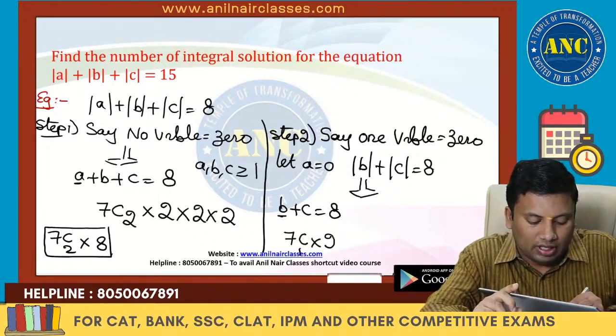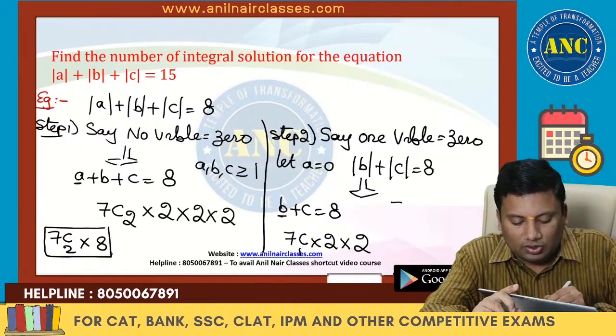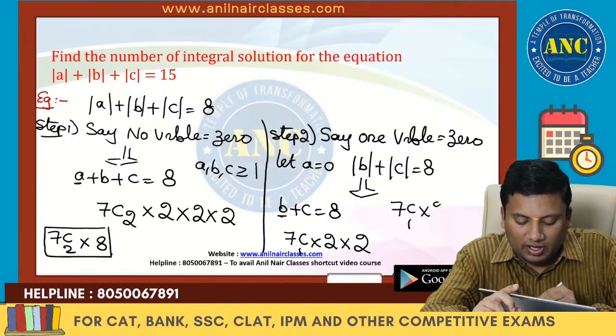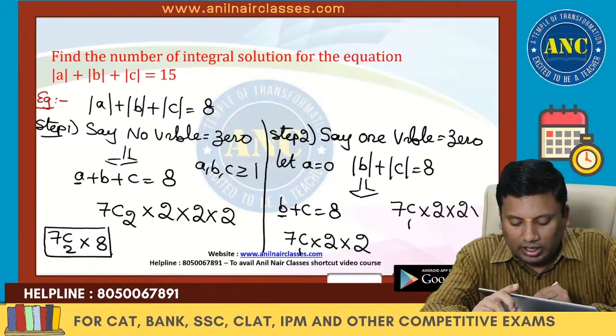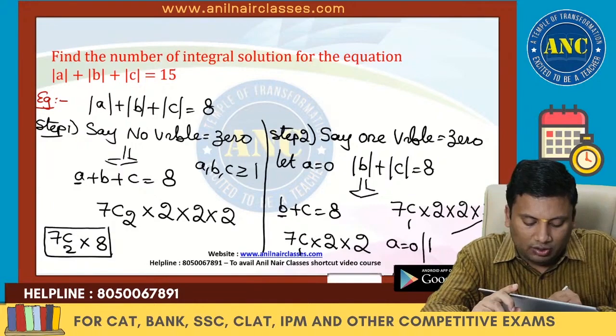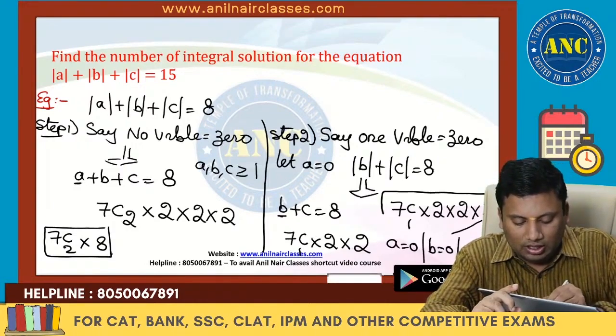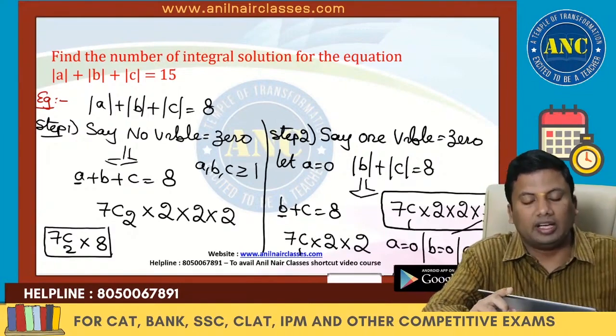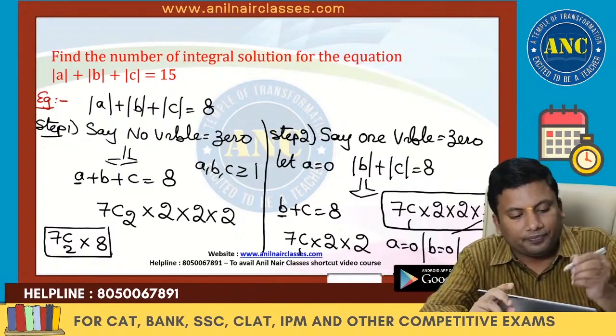Inside positive, inside negative, so this will be 7c1 into 2 into 2 into 3. Why into 3 came? Either a can be 0 or b can be 0 or c can be 0. This is when one variable is 0. I hope it is clear.